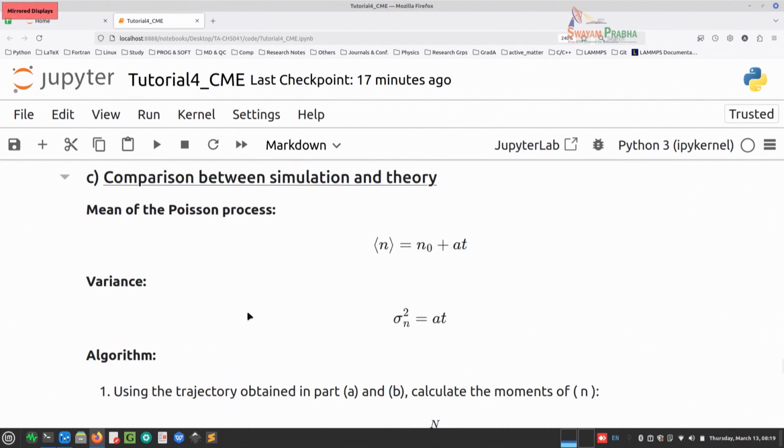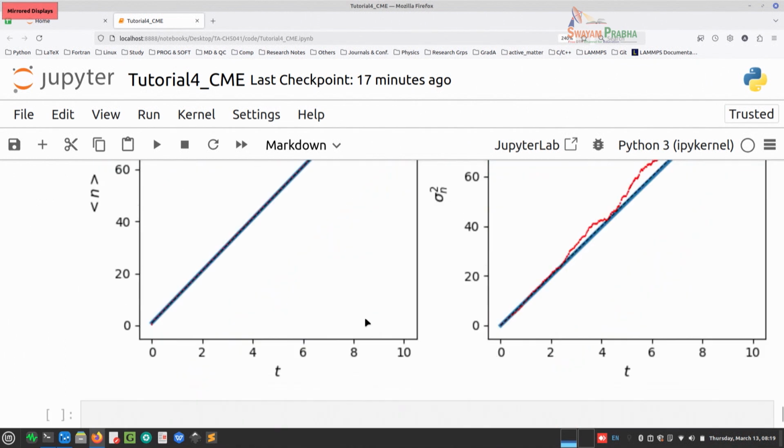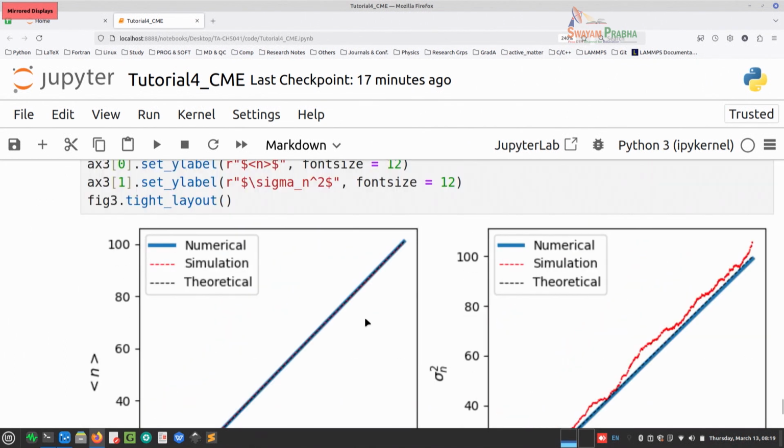And as I said before, for this problem we know the analytical solutions for the mean and standard deviation already, okay, and then you should be able to compare all the three things. So here we are comparing the numerical, simulation and theoretical. Numerical is the Euler's method, simulation is the trajectories that we have created, and the theoretical value we already know, okay.